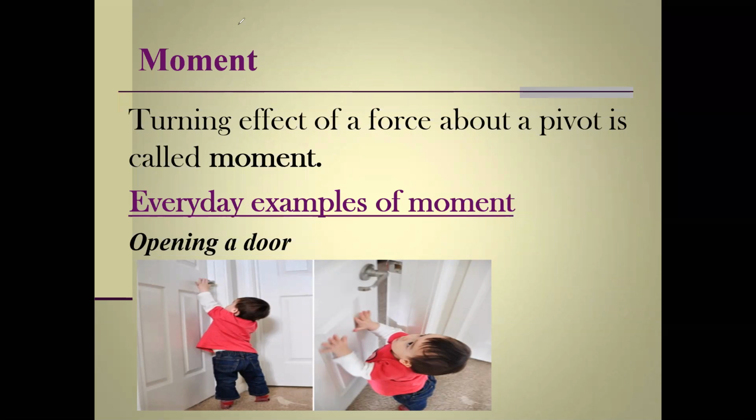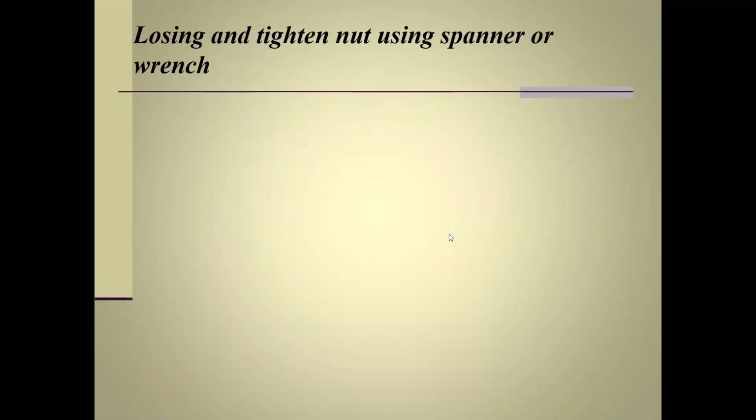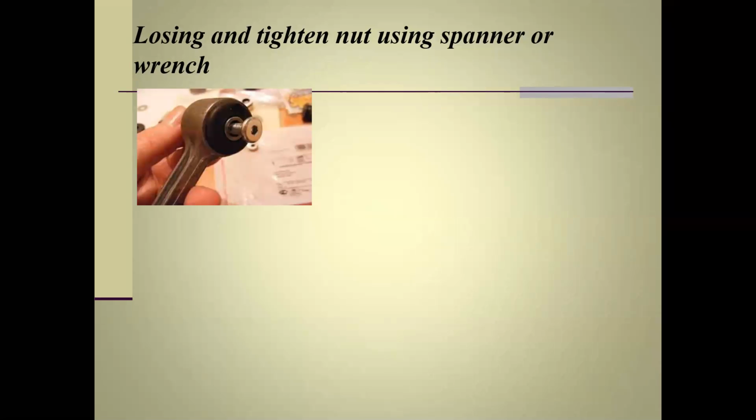Then how can we calculate this moment practically? Some more examples are loosening or tightening a nut using a spanner or wrench. If you want to loosen or tighten a nut, you apply a force and the object rotates. Whenever rotation is there, we call it a moment.